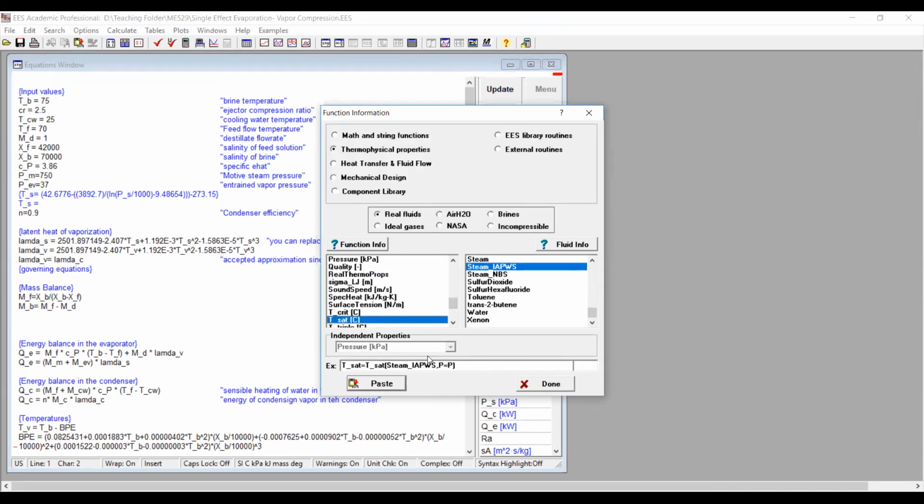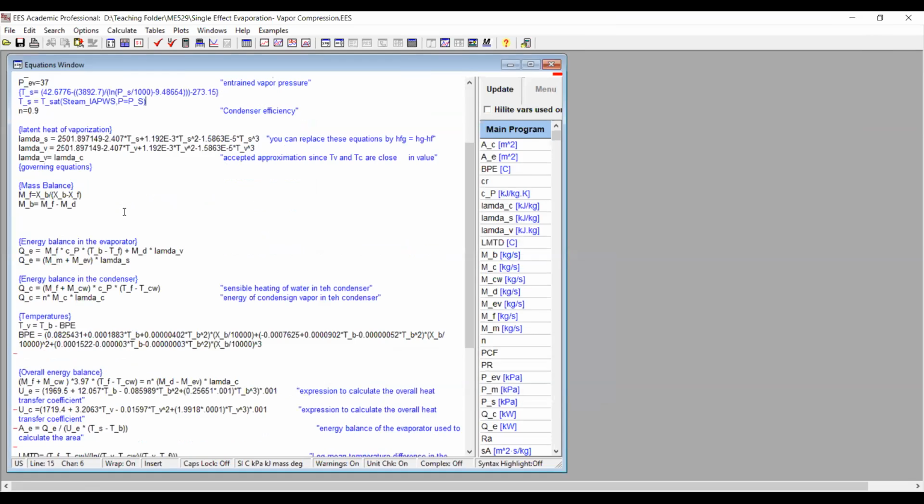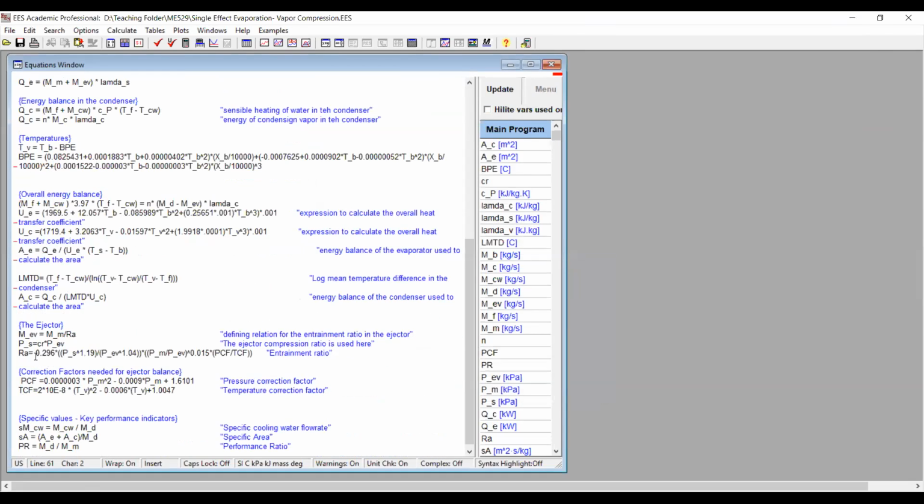Yeah, T sat for a pressure which is, in our case, PS. So it is T sat corresponding to PS, and the way that PS is written is basically P underscore S. So simply, without using correlations or something, you can use the saturation temperature by that expression here. And the PS is going to be calculated from the compression ratio definition. And you can see it down here.